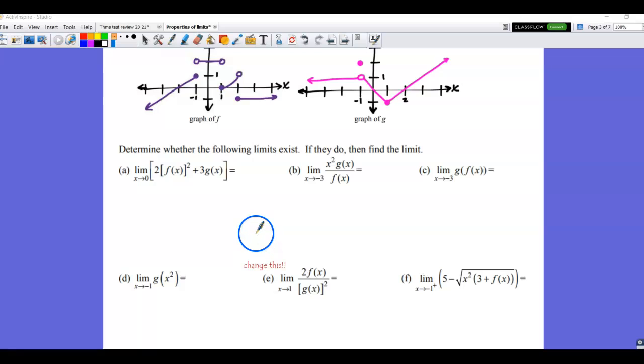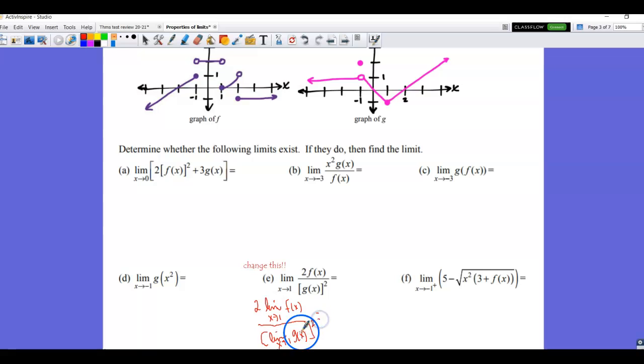All right, so I'm going to do my write-up. I will have the constant property, 2 times the limit as x approaches 1 of f of x divided by, start on the inside, limit as x approaches 1 of g of x squared.